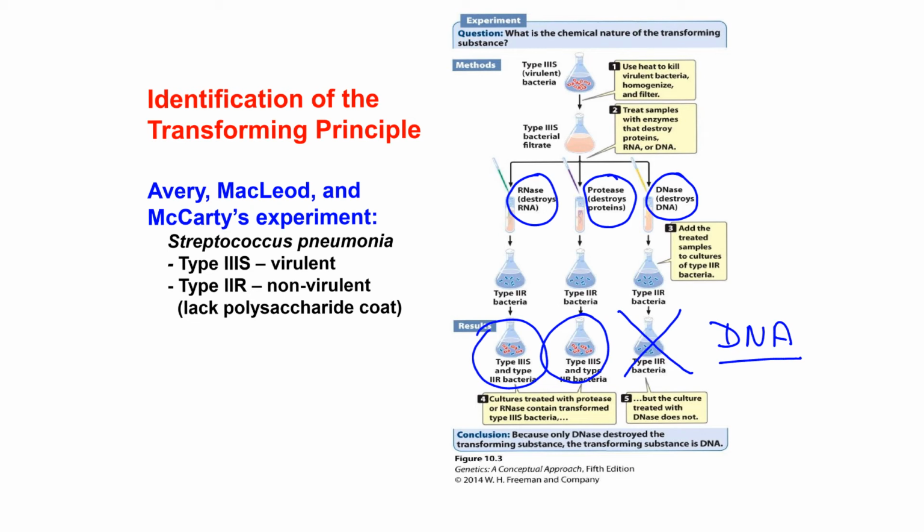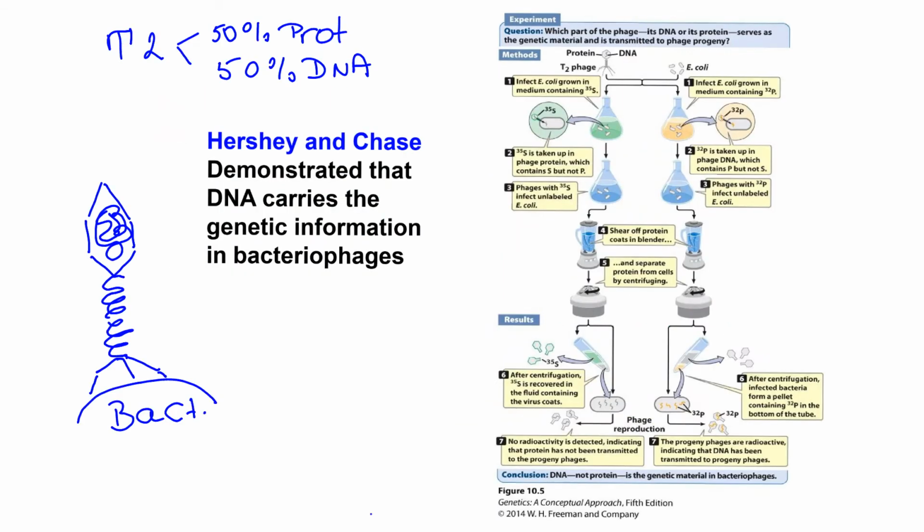The second set of experiments which clearly showed that DNA is the carrier of genetic information came from the studies of Hershey and Chase. Hershey and Chase worked with bacteriophages, viruses that infect bacteria, and they focused on the T2 viruses. We know T2 bacteriophages are composed of approximately 50% protein and 50% DNA.